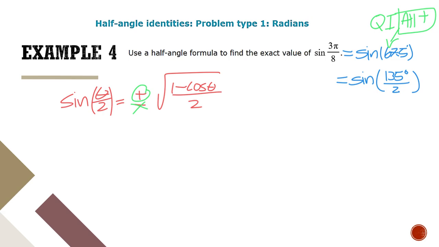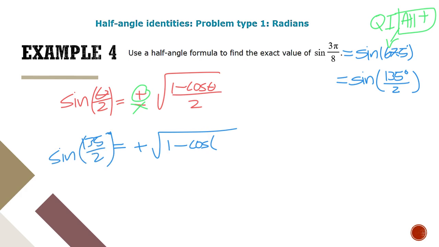So now let's plug in our values. So we have the positive square root of 1 minus cosine of this theta, which again, we are doing the sine, let me rewrite this, sine of theta, which is 135 over 2. Again, this is our theta value, so we're going to put this 135 right here.